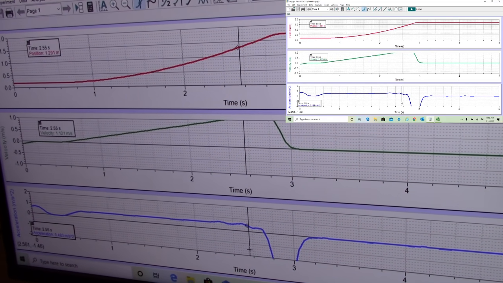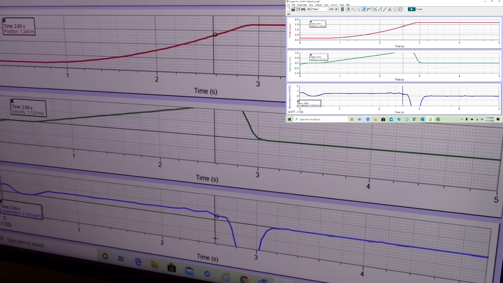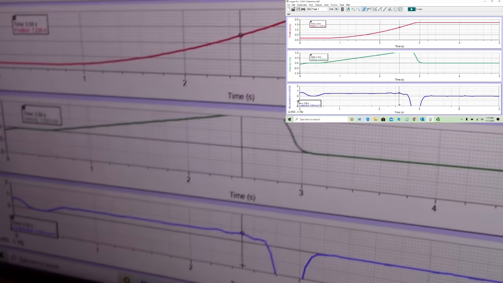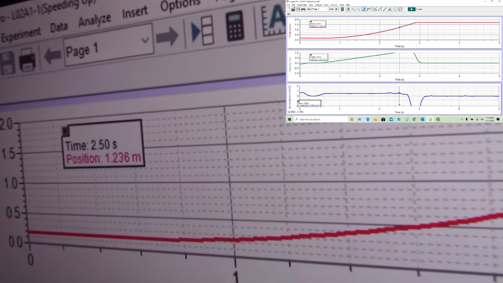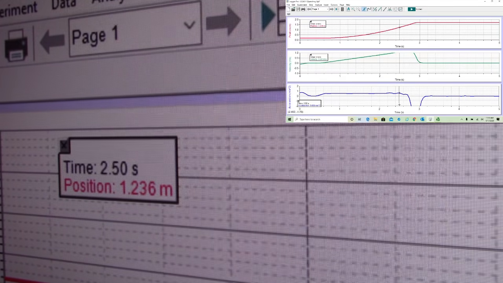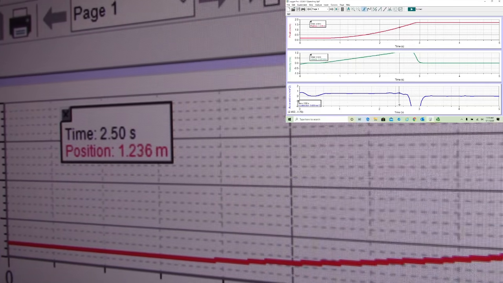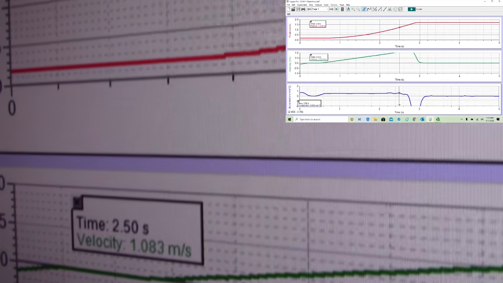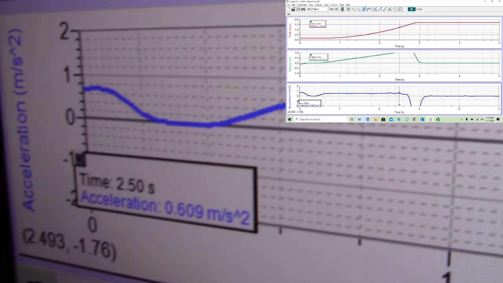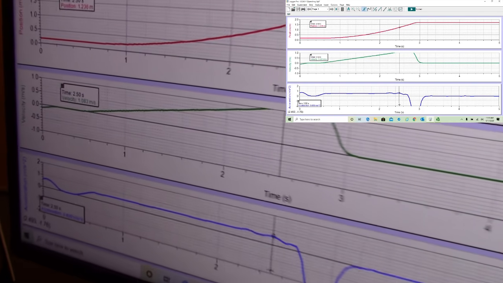I'm going to push it a little and say, okay, the cart catcher starts influencing things at about 2.5 seconds, where the position is 1.236 meters, the velocity is 1.083 meters per second, and the acceleration is 0.609 meters per second squared.